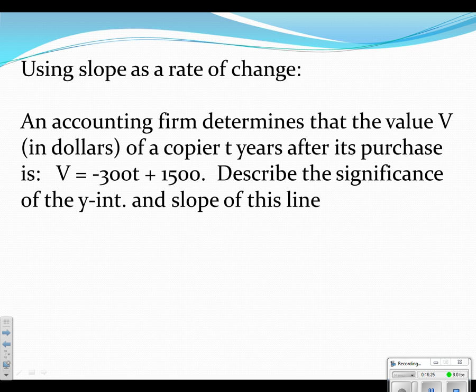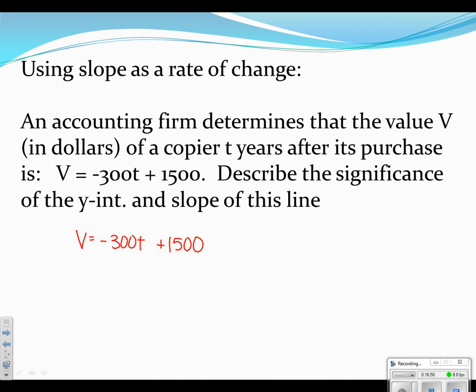Okay, so when we're looking at this equation, value is equal to negative 300t. Well, t is time. Okay, so by looking at this, negative 300 is in that slope position, correct? Okay, so it's telling us that each year, if t is 0, the machine's brand new.